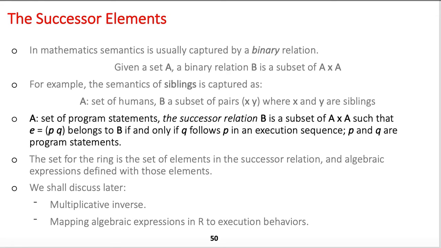We define a binary relation called the successor relation. This successor relation captures the semantics of execution sequences. We say that a pair of program statements PQ belongs to this successor relation if Q can follow P in some execution sequence.